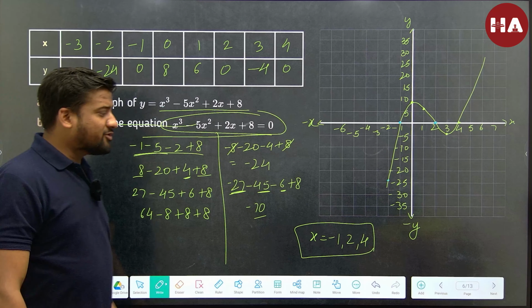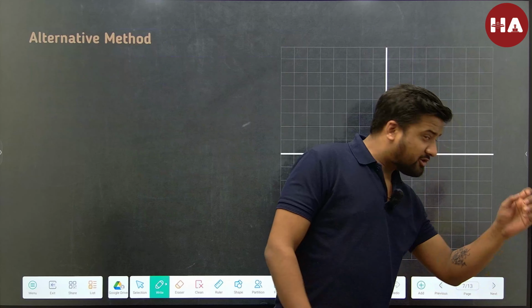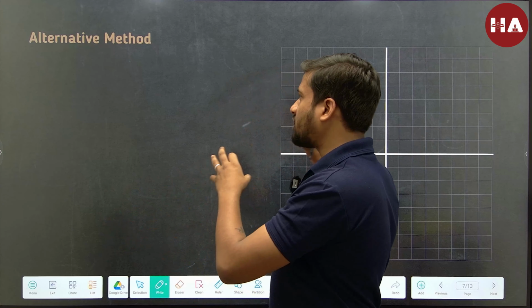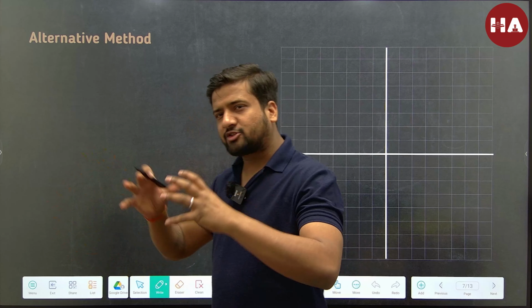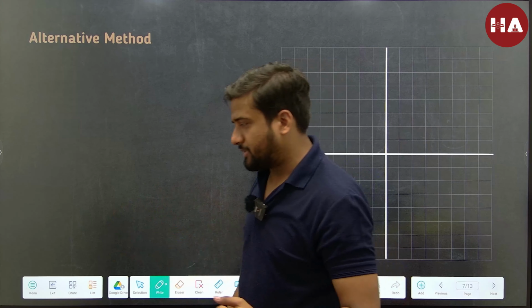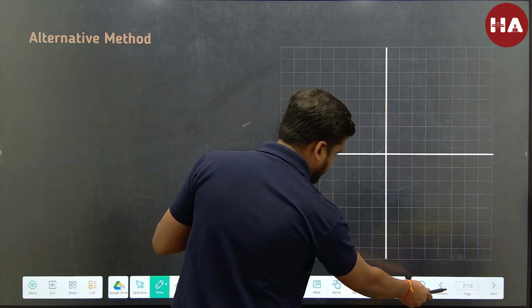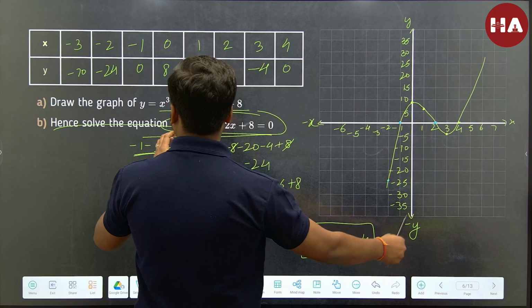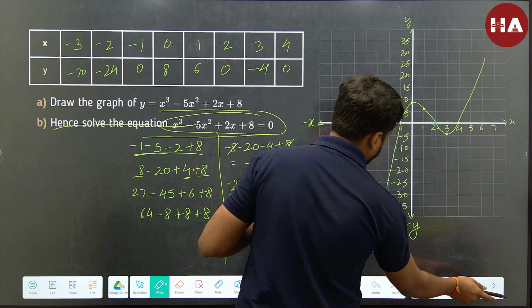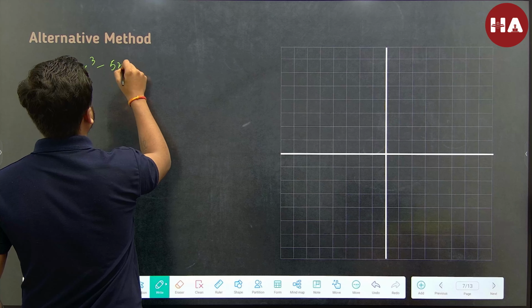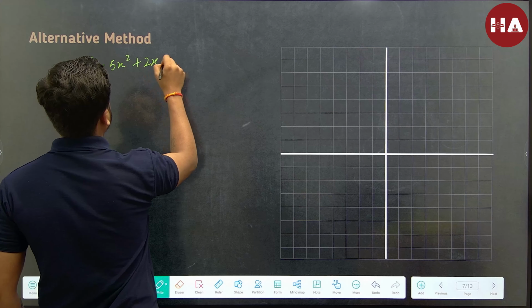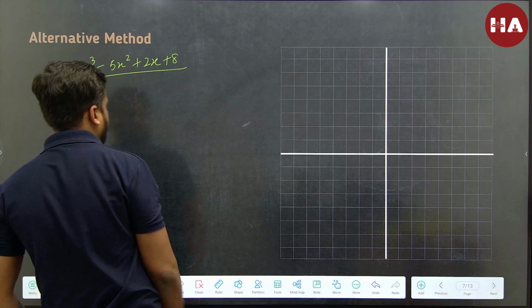All right, let's move on to the next one, and in this we'll be studying how to draw the graph using an alternative method without actually drawing the entire table. Now what was my equation? Let's get back to the equation first. It was x cube minus 5x square plus 2x plus 8.